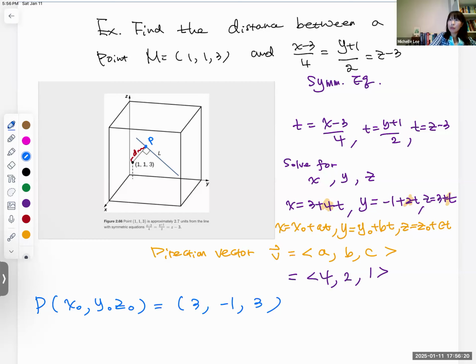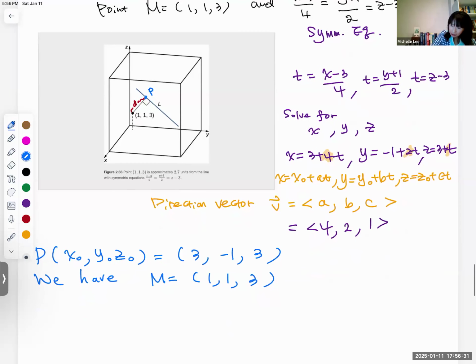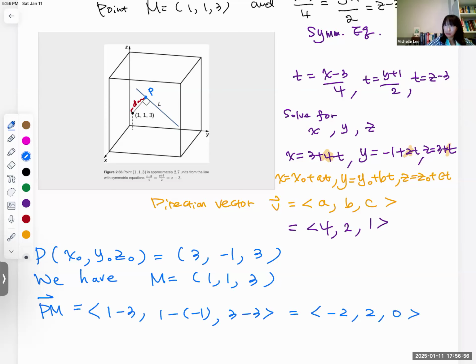All right, so we have M equal to 1, 1, 3, right? Okay, we can find the vector PM in component form, where the terminal is M. So 1 minus 3, 1 minus minus 1, 3 minus 3, right? So that will be -2, 2, 0.